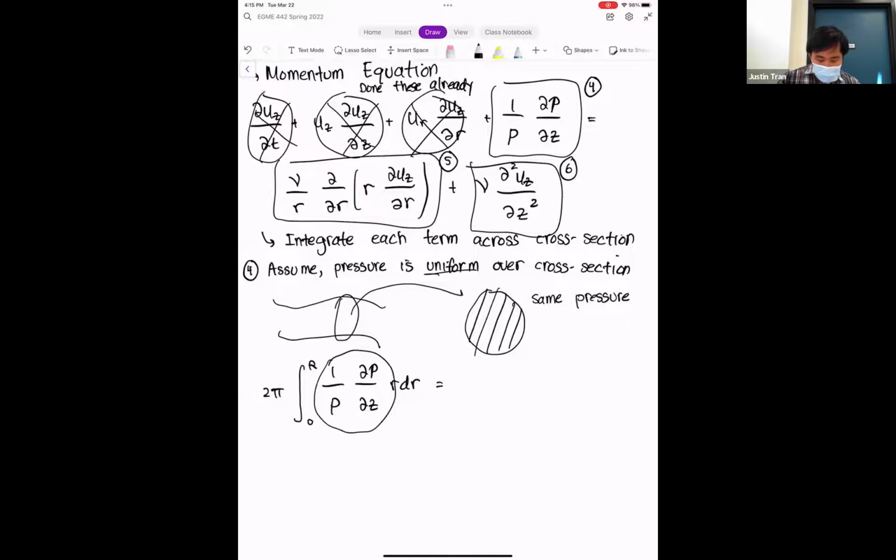All right, so let's do integral 5. So integral 5 is one of the viscous terms. And so this is a term that has viscosity in front.